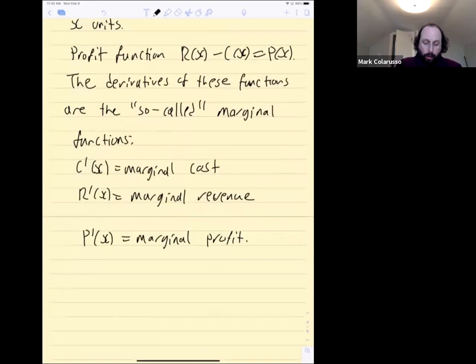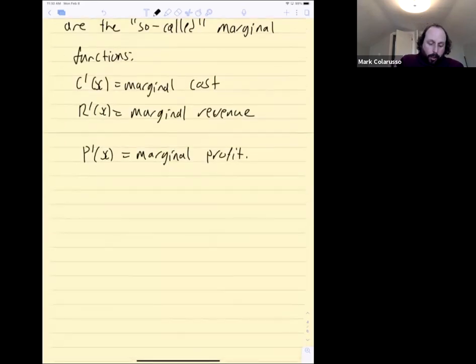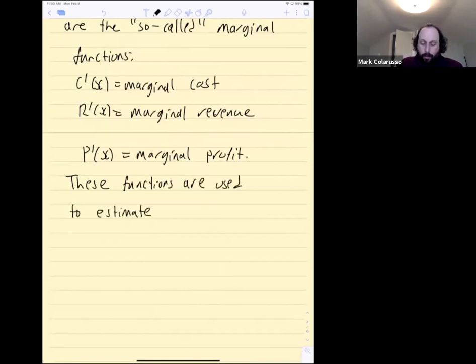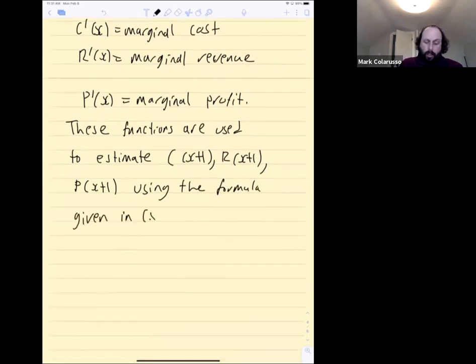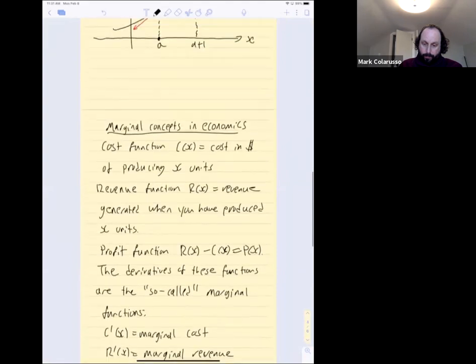And I'll remind you, these functions are used to estimate C of X plus 1, R of X plus 1, P of X plus 1, using the formula given in star above. So where did star go?